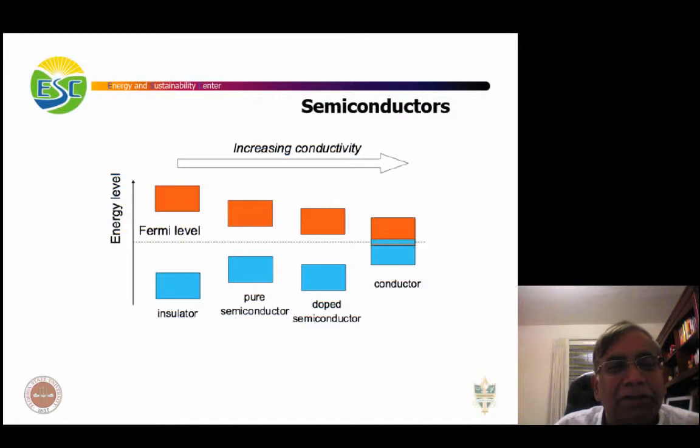This top is the conduction band, this is the valence band, and this is the pure semiconductor, which has very little conductivity. When the semiconductor is doped, as shown here and as we talked about previously, you can see that the Fermi level is much closer to the bottom of the conduction band, and this of course is the conductor.